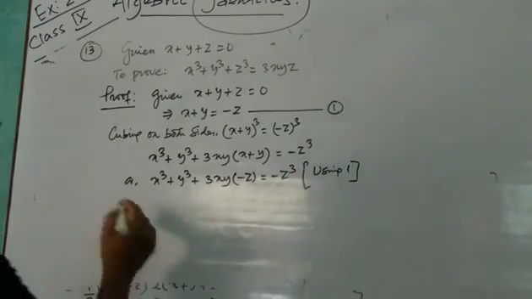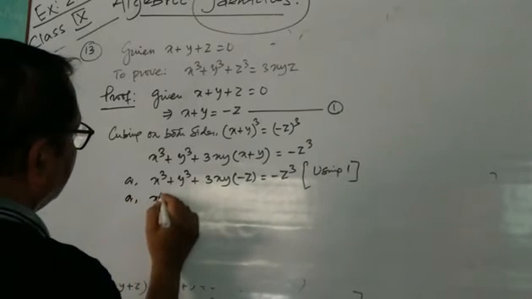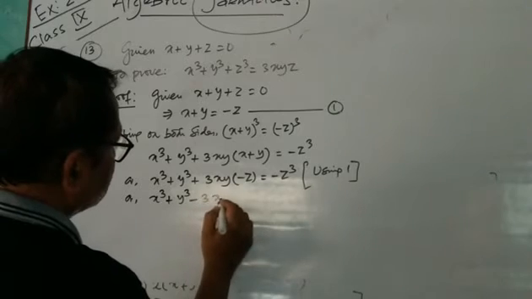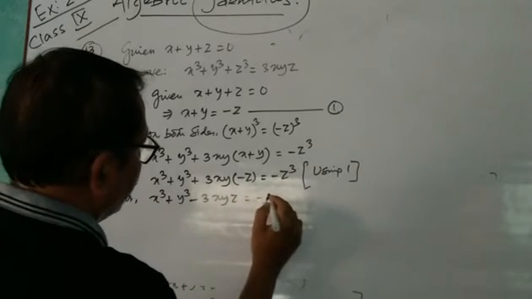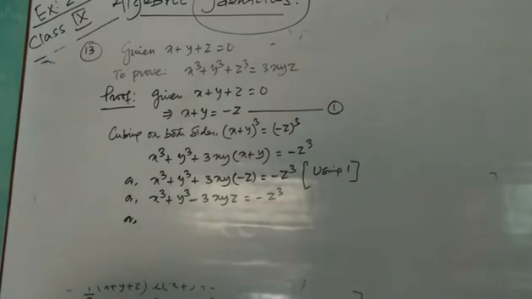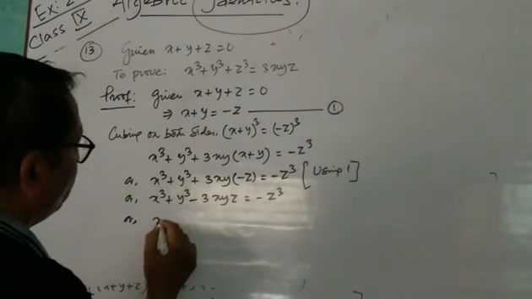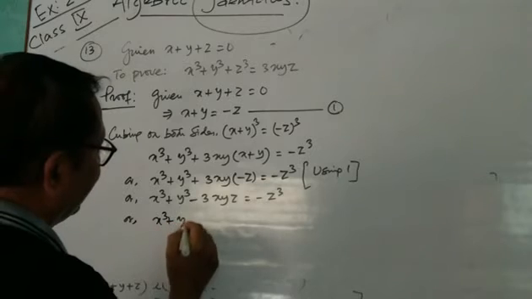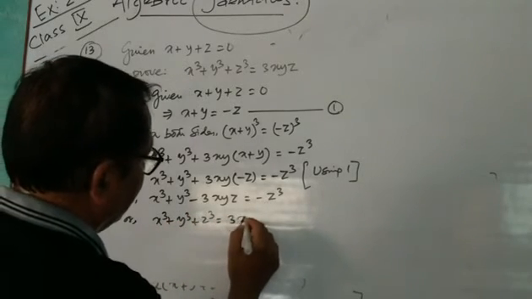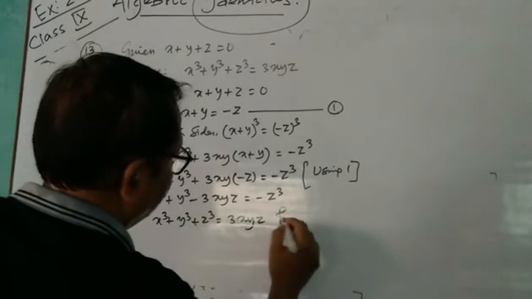Now bring z cube on this very side, but before that, x cube plus y cube minus 3xyz is equal to minus z cube. Bring z cube to this side. We will get x cube plus y cube plus z cube is equal to 3xyz, and proved.